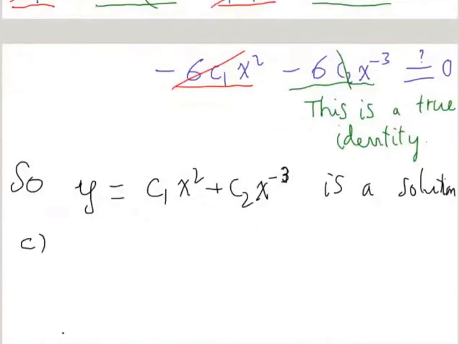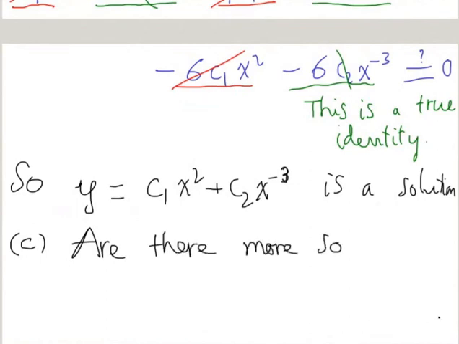Here is another more interesting, difficult question: are there more solutions? So besides this expression, is there anything else? This question is difficult to answer, but it turns out that theoretically, some mathematician has proved that no, there are no more.